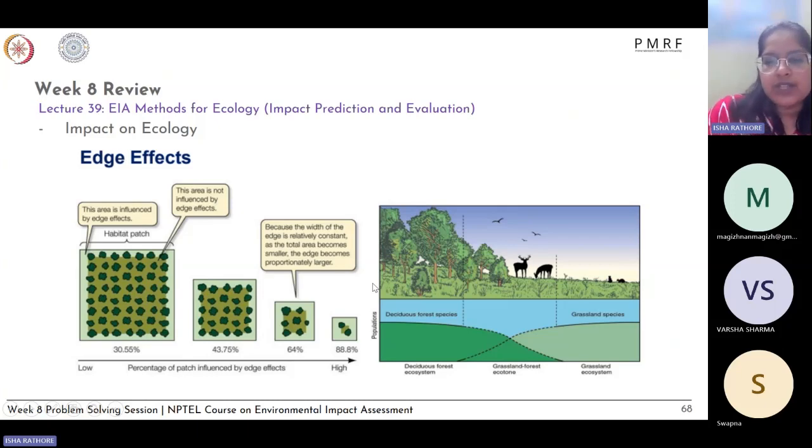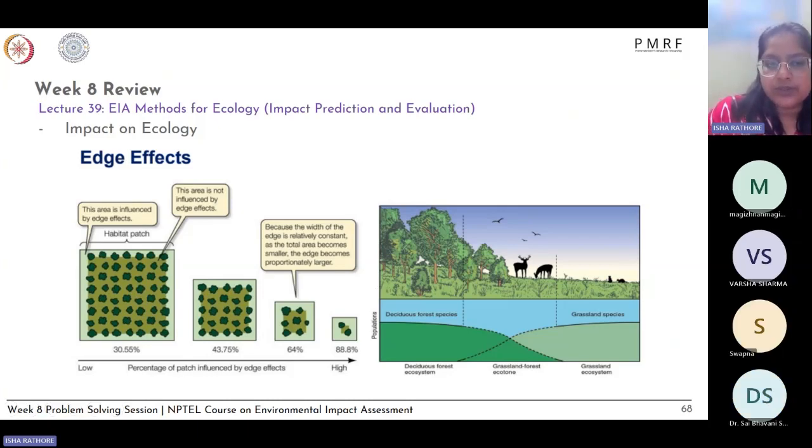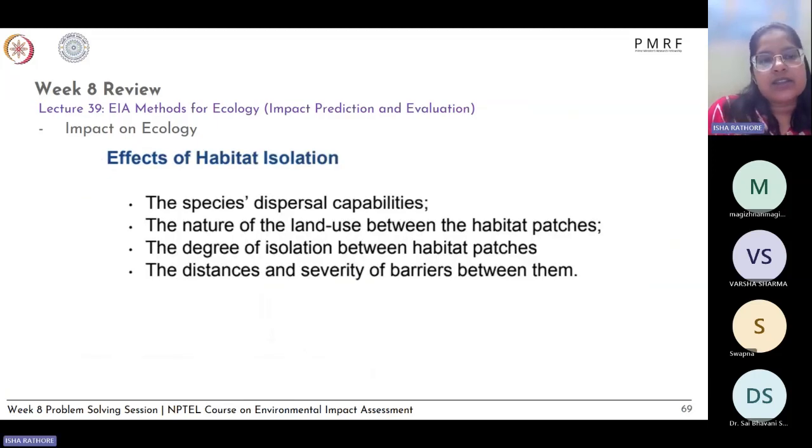So when we do development and keep on reducing the habitats, this leads to edge effects and loss of species and habitats.